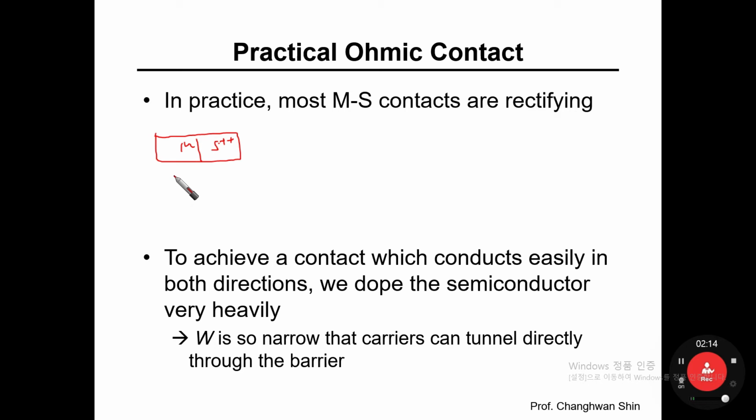So what is the main physics behind it? If we draw the energy band diagram along the x direction, we are going to get this energy band diagram. I'd like to indicate the very narrow depletion width.